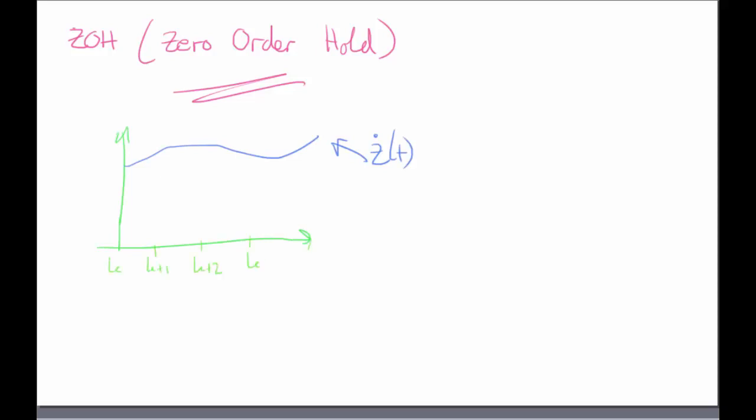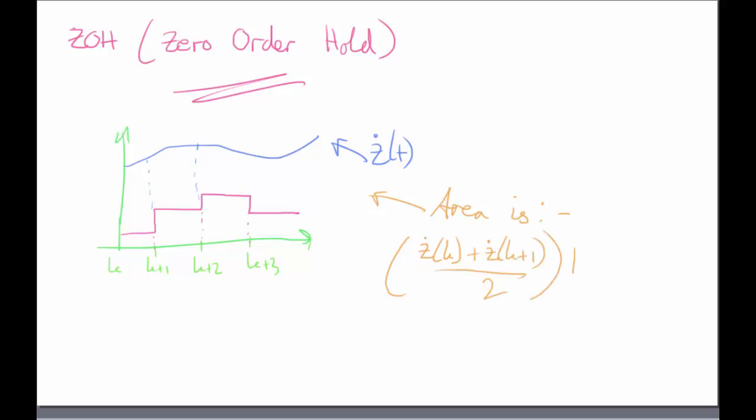So what we've got here is the continuous velocity, which is z dot of t, and then we have the PTO force, which is FPTO k. So what we have to do is find the area of this, which is basically a digital way of doing integration.